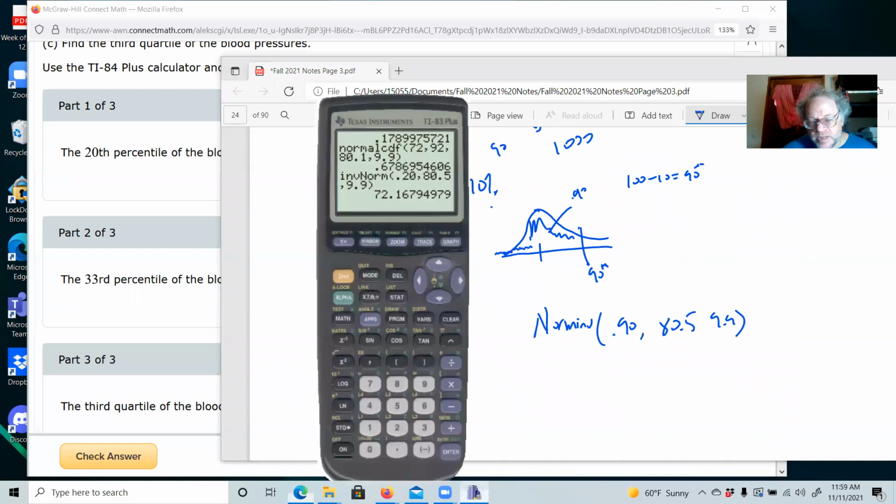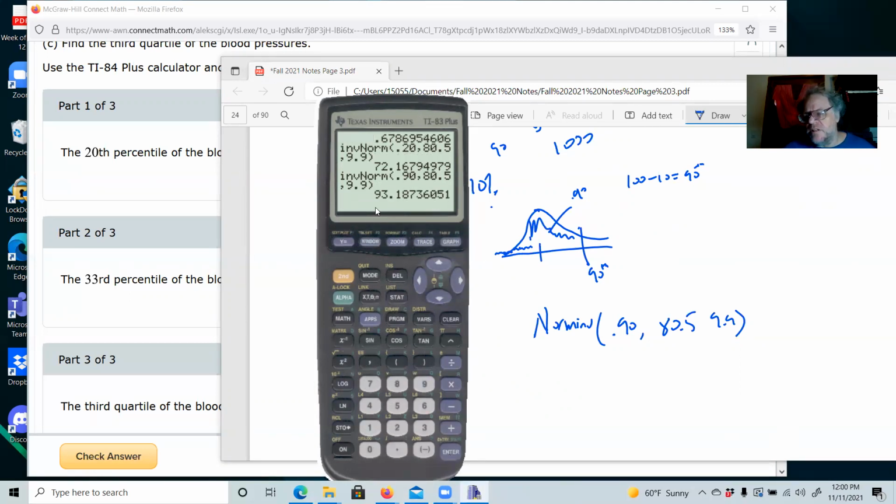Again, plugging it into the computer is not too bad. This is not the answer to a particular question, but for inverse norm, you were given a probability. They want to know what blood pressure, what weights, what heights, whatever led to that particular percentile. What value would your X have? 80.5 and 9.9.